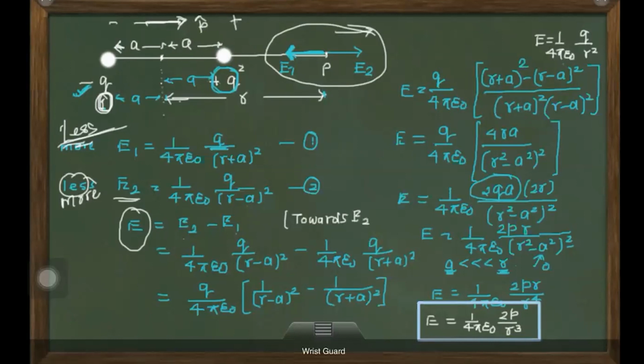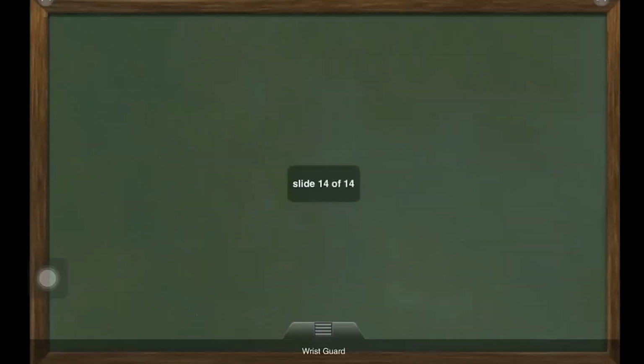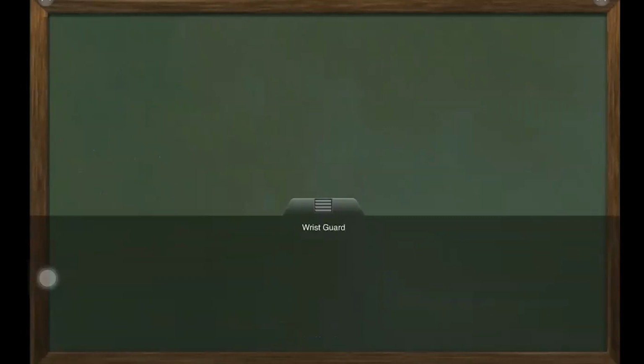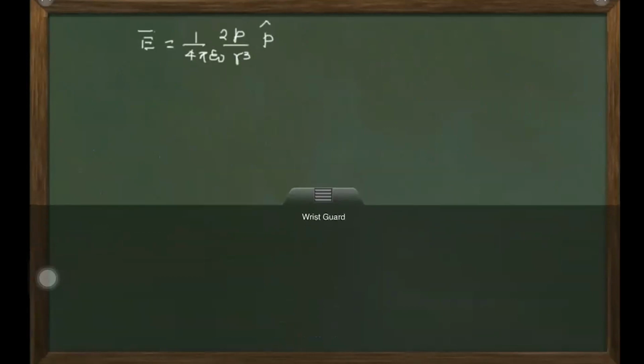So if I'm going to say that it is towards E2, vectorly we can write vector E is equal to 1 by 4 pi epsilon naught and then 2p divided by r cube into डायरेक्शन, और डायरेक्शन को दिखाने के लिए हम यूनिट वेक्टर्स लेते हैं. तो यूनिट वेक्टर कौन सा होगा? p का, कि जब एक वेक्टर का मैग्नीट्यूड उसके यूनिट वेक्टर से मल्टीप्लाई हो जाता है तो वो कंप्लीट वेक्टर में कन्वर्ट हो जाता है.